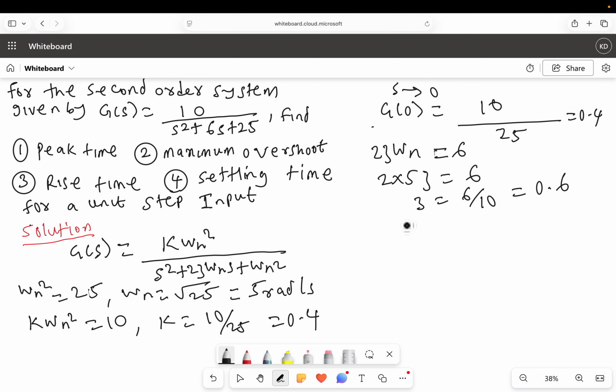So now, since my zeta falls between 0 and 1, I know it is an underdamped system. So subsequently, all the formulas that I will use are standard approximate formulas for the response of an underdamped second order system to a unit step input.